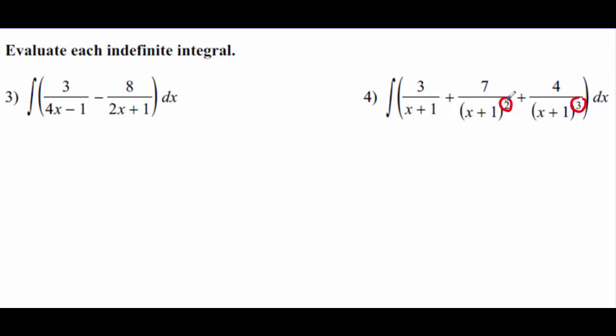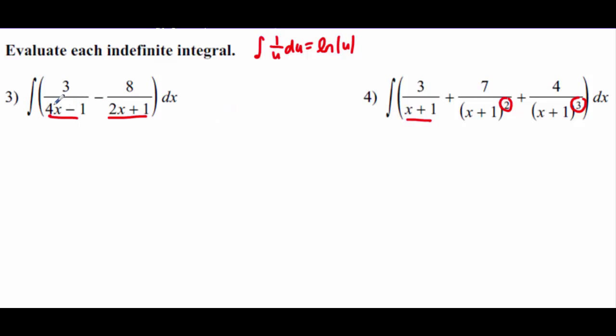Like these both have powers, but this and this and this, none of those have powers. And when we don't have powers, but we have an x on the bottom, that is a natural log. So the integral of 1 over something ends up being the natural log of whatever's on the bottom.